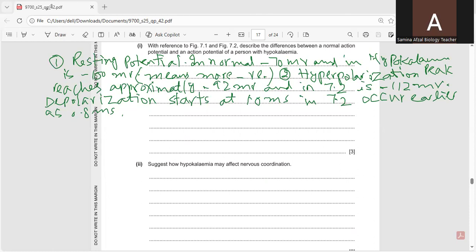If we talk about the starting baseline, it is significantly more negative, so the starting point is lower, but the peak remains the same.